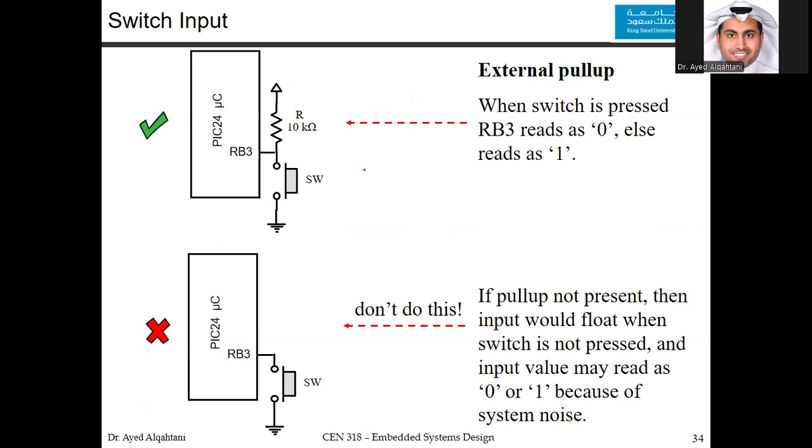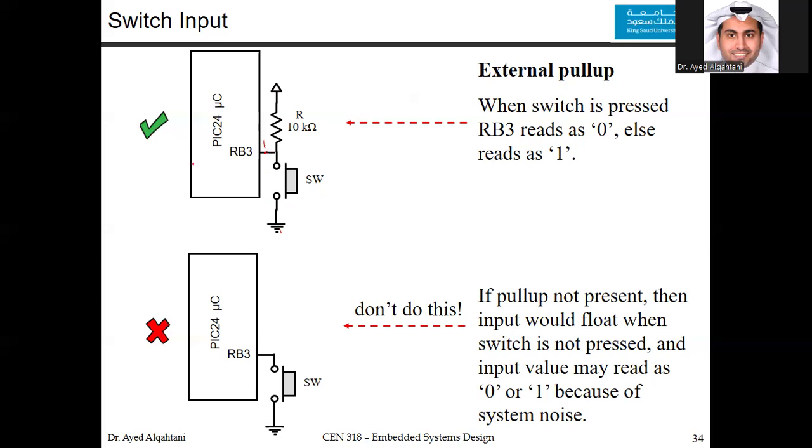When the switch is pressed here, RB3, you would read it as 0. If the switch is pressed, you will have the ground connected here, so you'll read it as 0. Otherwise, if it is in the release state, it will be 1, as I explained before.